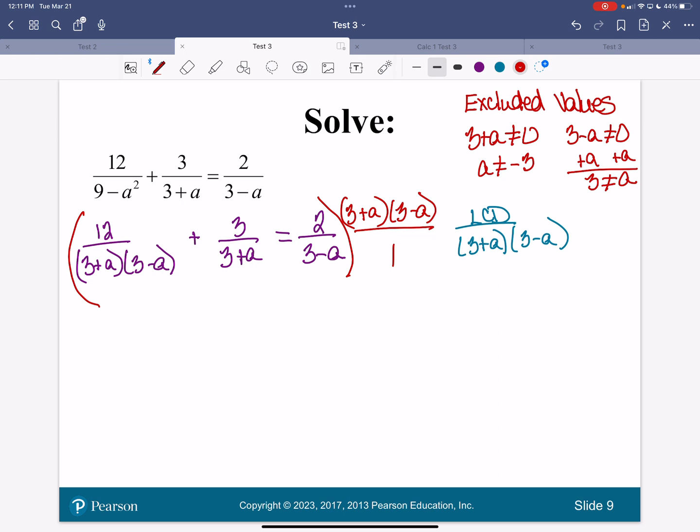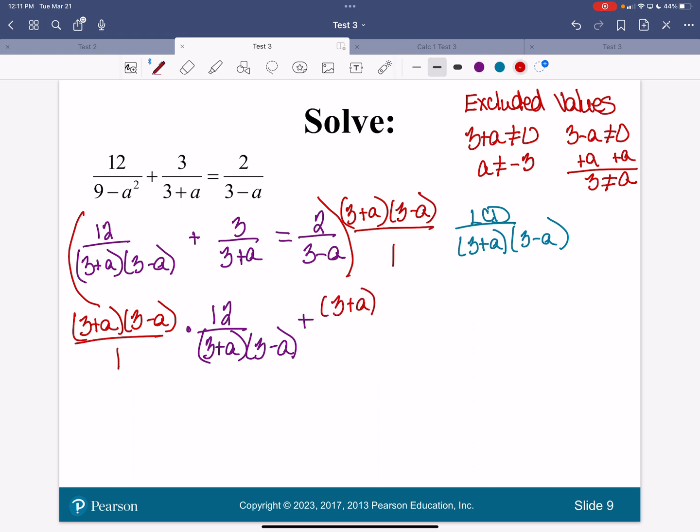So 3 plus a times 3 minus a over 1 times 12 over 3 plus a, 3 minus a, plus 3 plus a, 3 minus a over 1 times 3 over 3 plus a, equals 3 plus a over 1 times 3 minus a over 1 times 2 over 3 minus a.